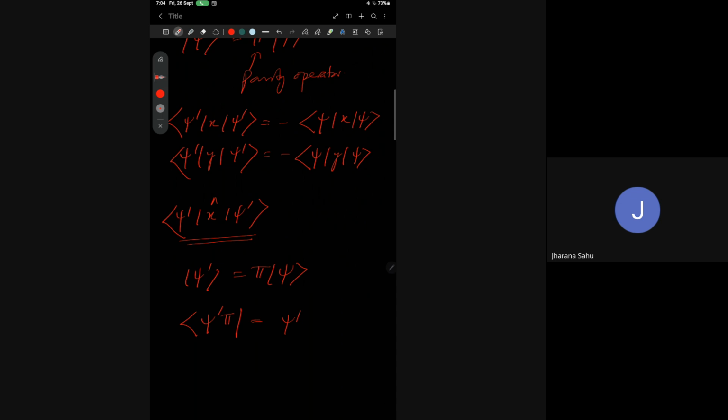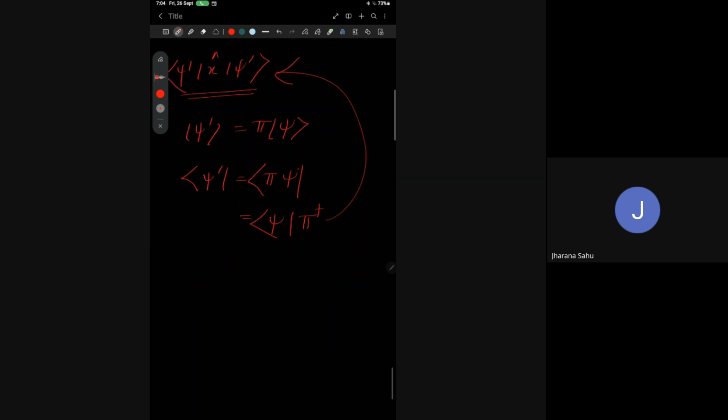So psi prime can be written as pi psi, and the bra is psi pi dagger. If I use that here, the expectation of x in psi prime is equal to psi pi dagger x pi psi.